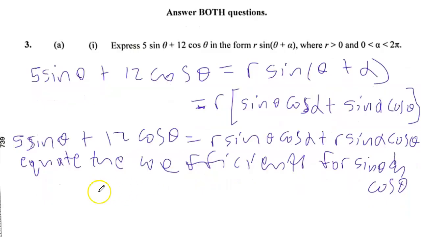So let's do that. For sine theta, on the left hand side the coefficient is 5. And on the right hand side, the sine theta coefficient, what's multiplied to it, is r cos alpha.